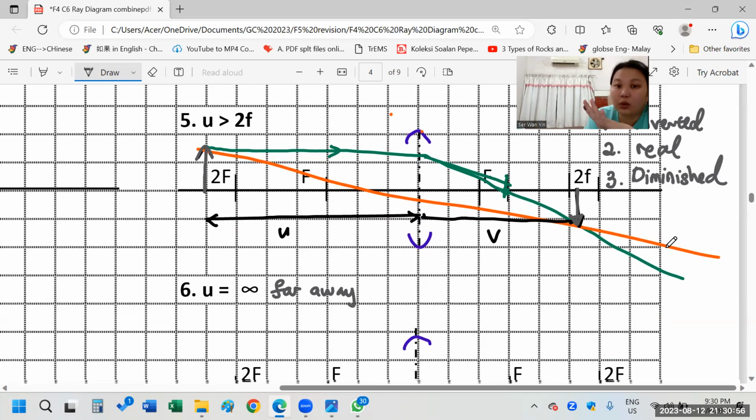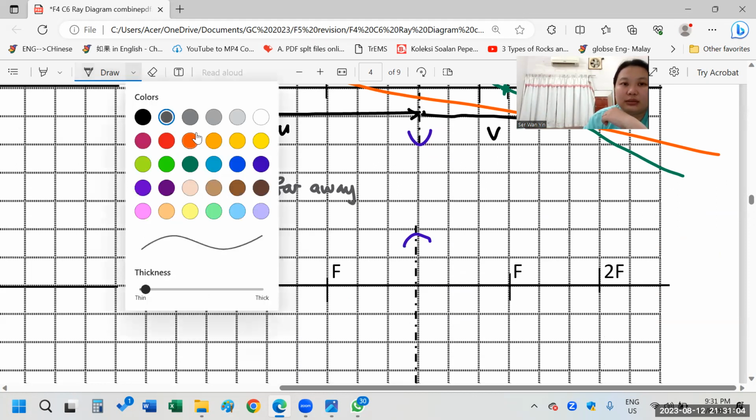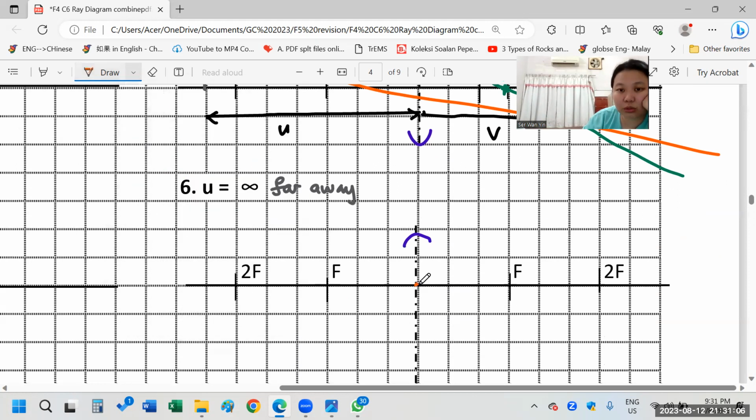Now we are going to use KFC. We can draw the C. C goes through here. Okay, draw like that. Draw 3 grids like this. Draw C like this.